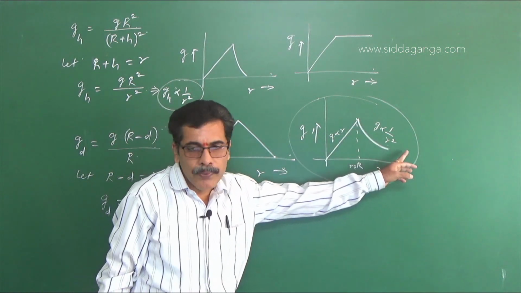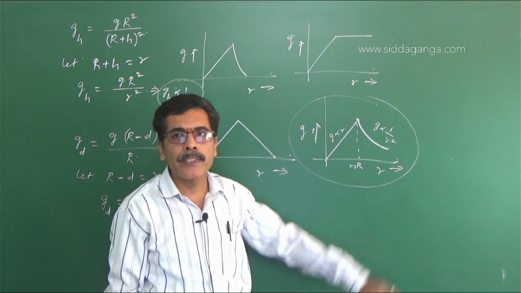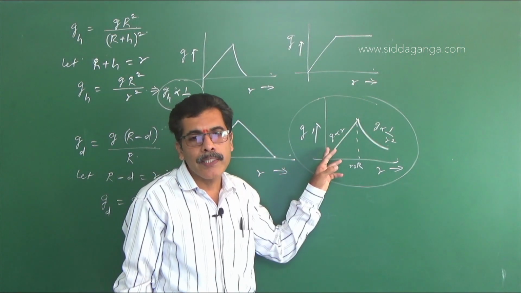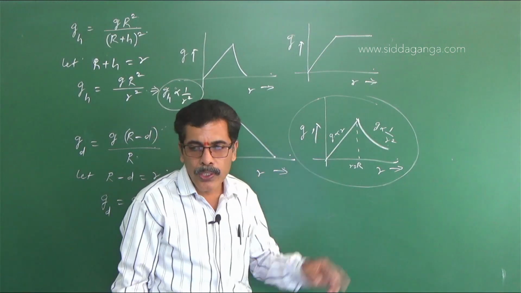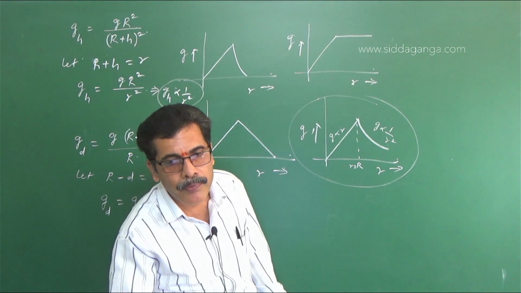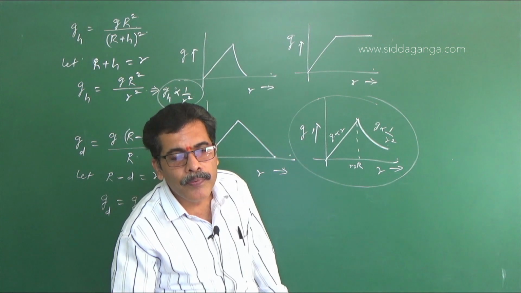Above the Earth's surface, acceleration due to gravity varies inversely as the square of the distance. Inside, acceleration due to gravity varies directly with respect to the distance, right? Therefore, the fourth graph appears to be the most relevant.